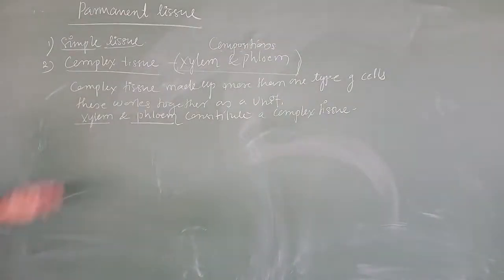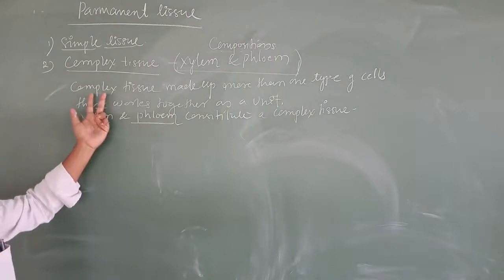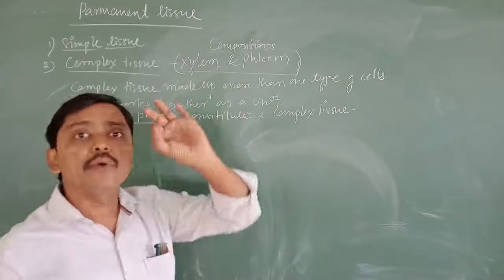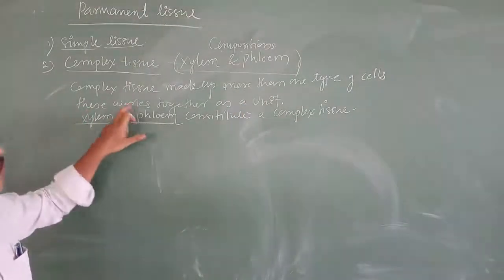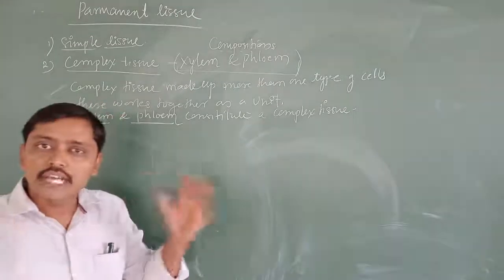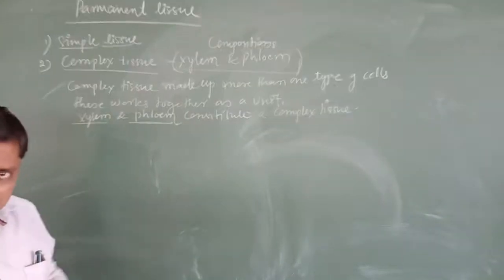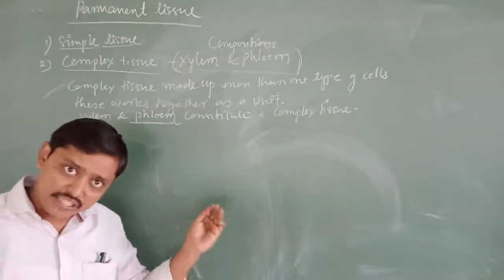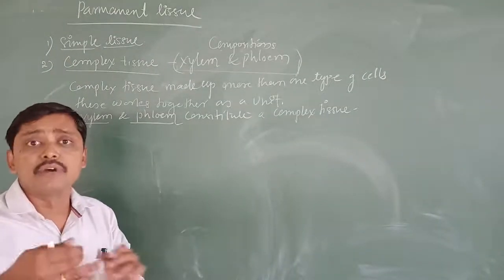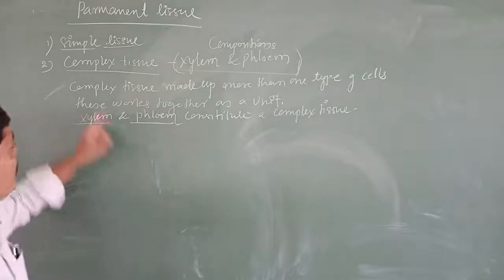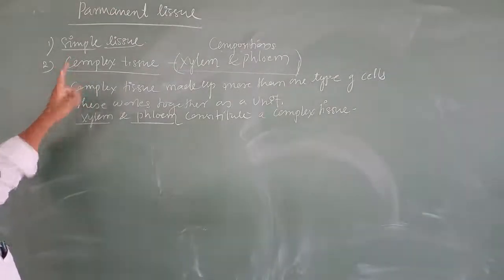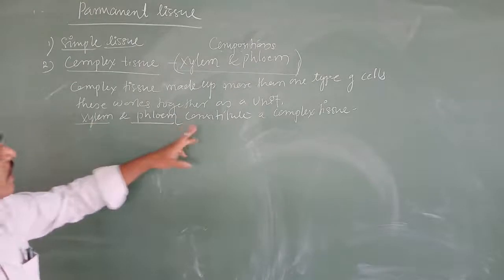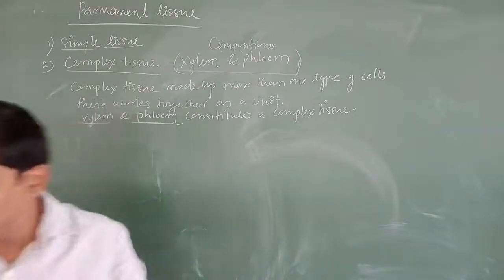So you now know what is meant by complex tissue: different kinds of cells, but they are working together to perform the same function. In complex tissue, the xylem and phloem constitute the complex tissue.